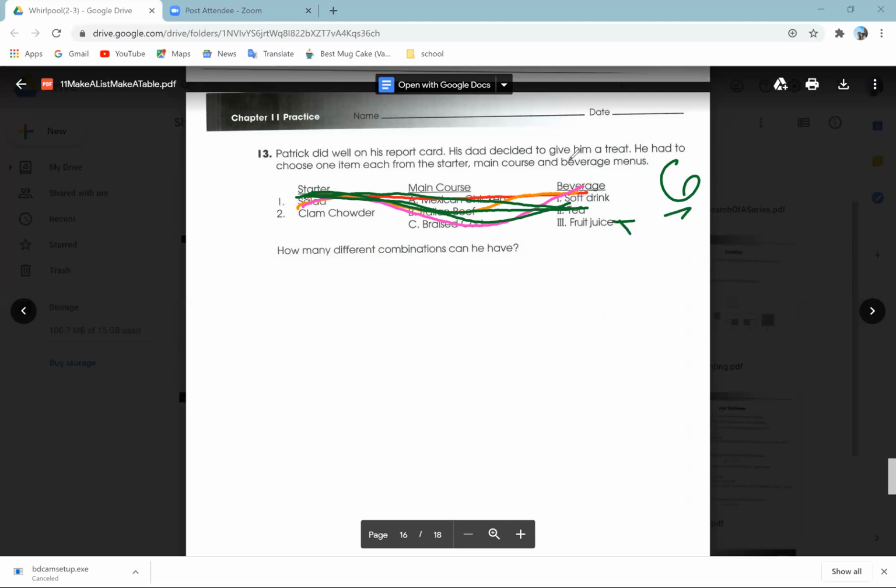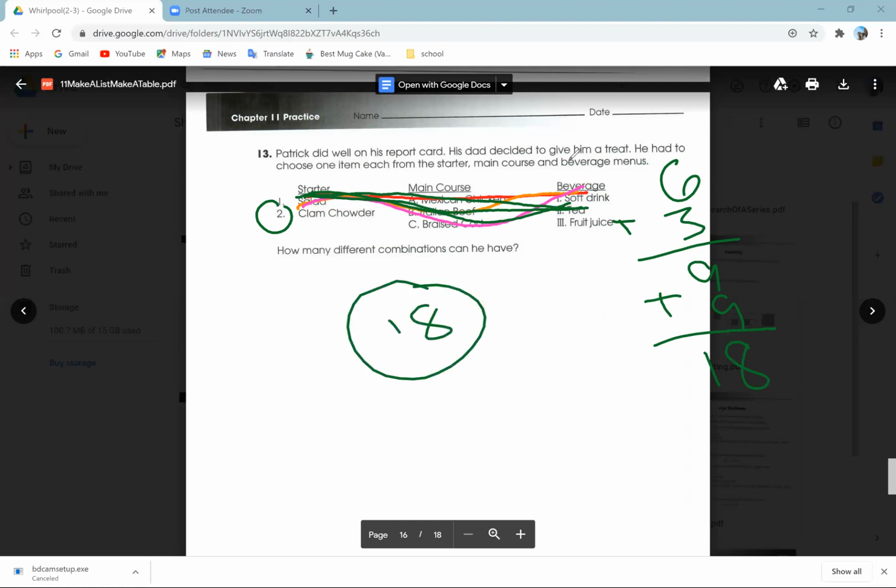If we add another 3, that's 9, right? And since clam chowder, it's going to be the same amounts, right? If we add another 9, that would be 18. So I'm going to go ahead and clear.